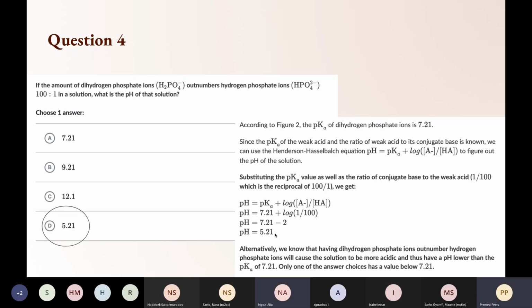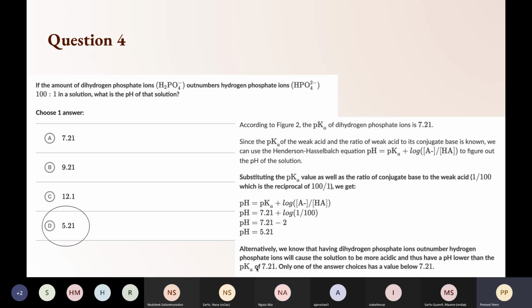I was going to ask, would it be a valid way, because this is what I did, just knowing that they told us that H2PO4 minus is more acidic than HPO4, so you would know it would have the lowest pH? Yeah, exactly. That's how they also say it at the bottom, that having more dihydrogen phosphate ions, and it outnumbers hydrogen phosphate, means it's going to be acidic.